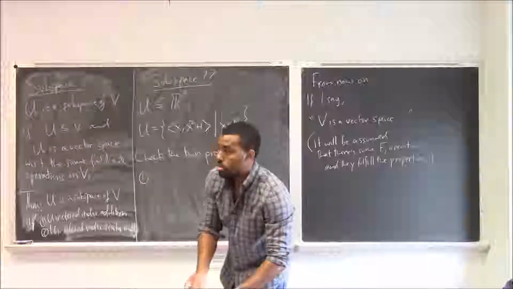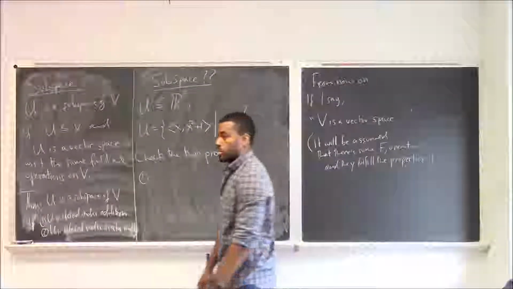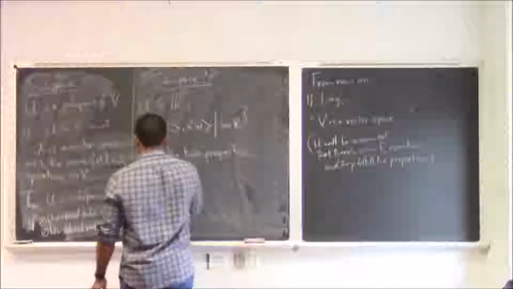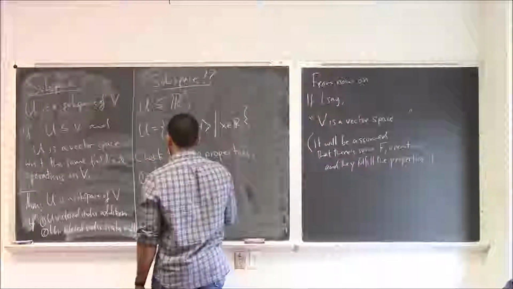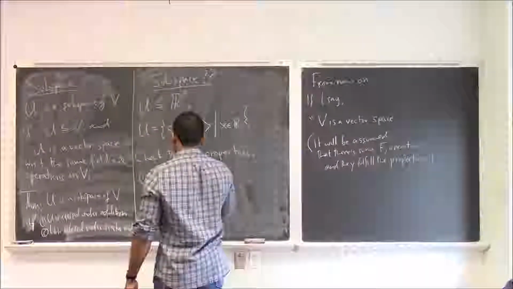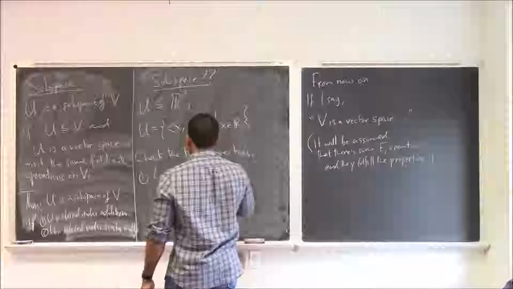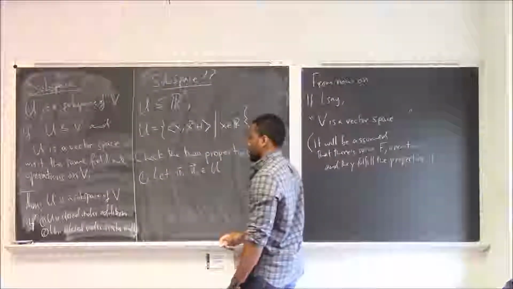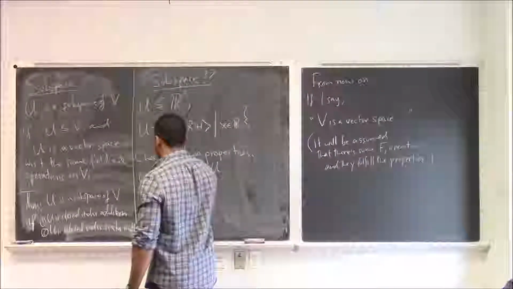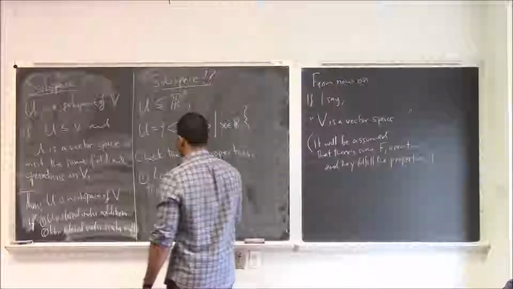Take two vectors, label them with different variables, and then add them. So what do you want to call the two vectors? Let U1 and U2 be in U. Then, how can I describe them?